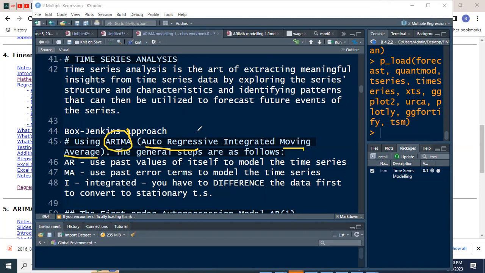The name autoregressive, class, is very self-explanatory. Auto, as in autobiography, autosign, autograph, means you're doing it yourself.